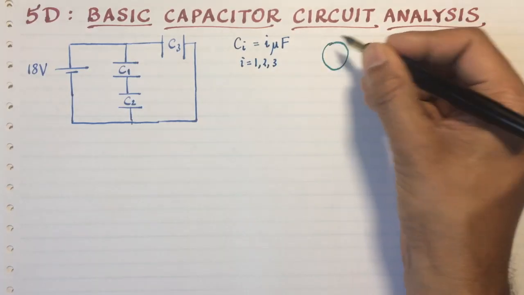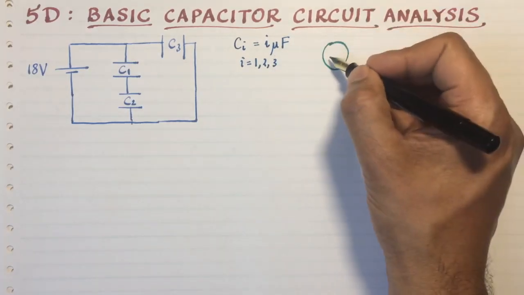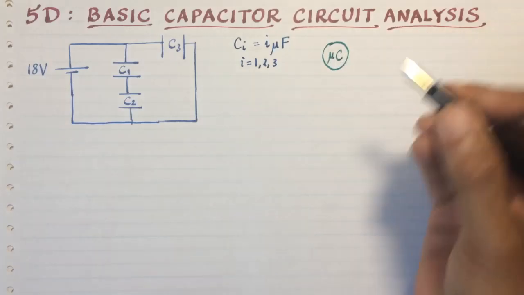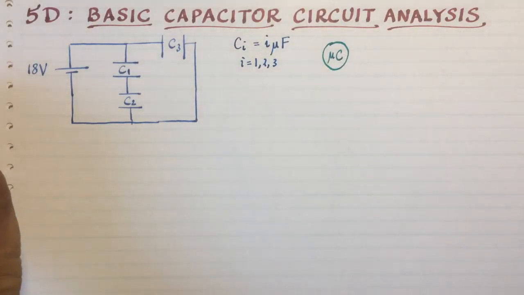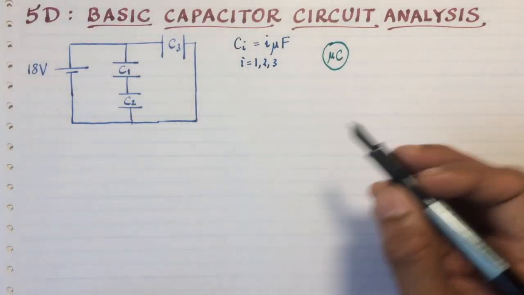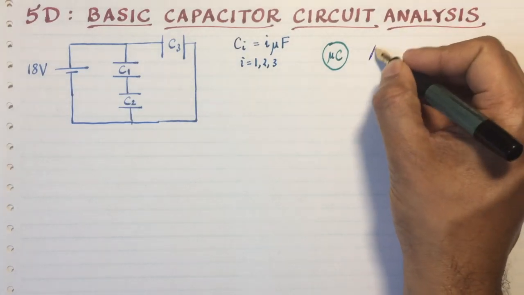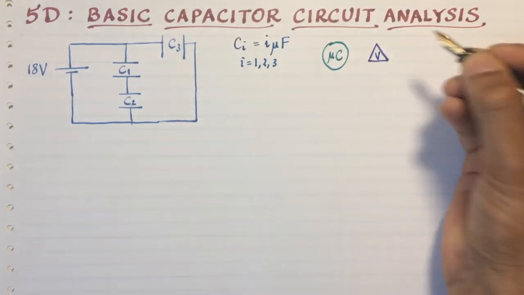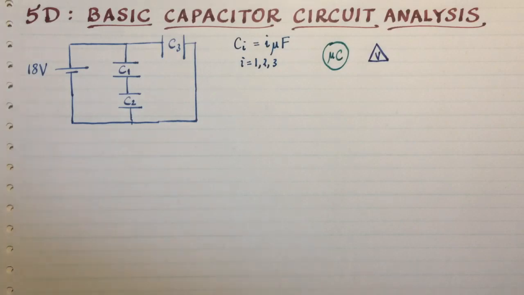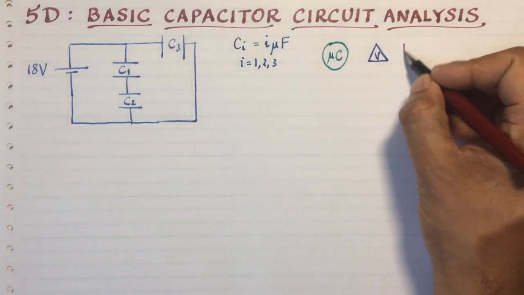Because I have microfarads, charge is going to be in microcoulombs. So anytime I draw a circle, I'm drawing microcoulombs. The voltage is 18 volts, so all the voltages will be in volts also. So I'll put a triangular symbol for voltage. Then I have to have a symbol for the total energy in each capacitor.